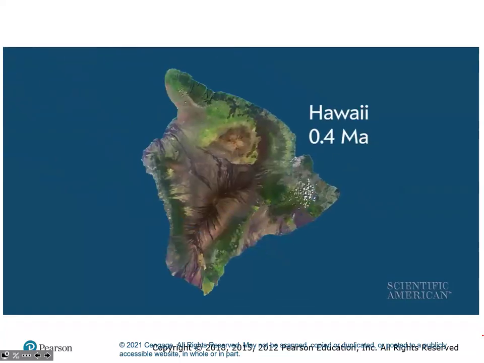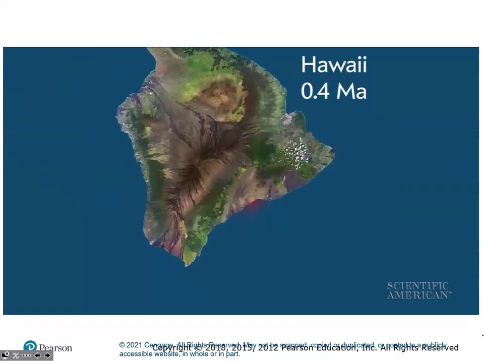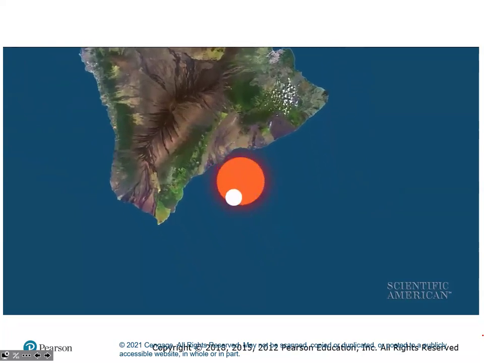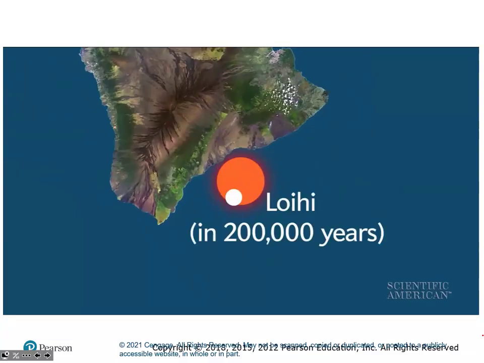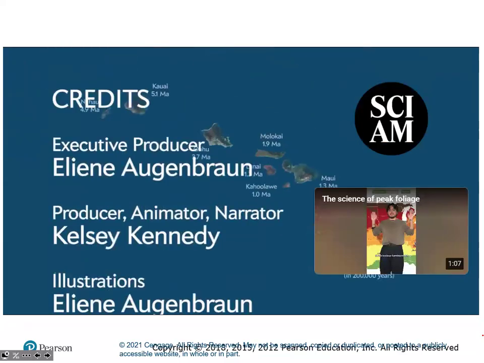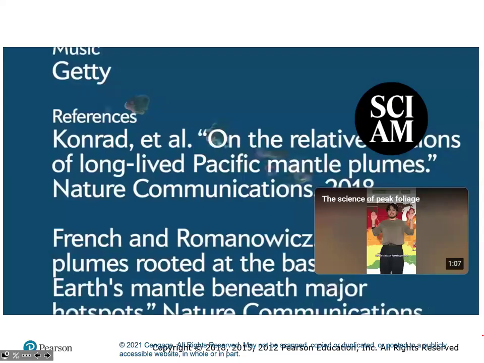It's still changing and is home to 4 active volcanoes. Eventually, the Big Island will no longer be over the hotspot, and a new island will grow next to it. But maps won't need updating for a while. Loihi won't break the ocean surface for another 200,000 years, give or take. For Scientific American, I'm Kelsey Kennedy.